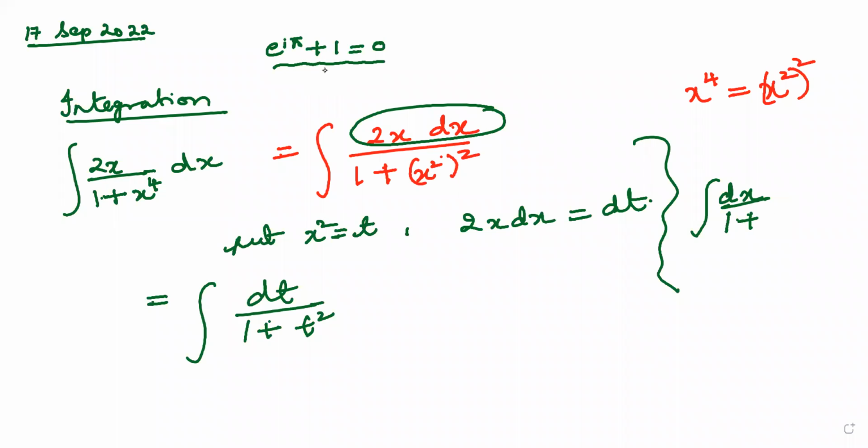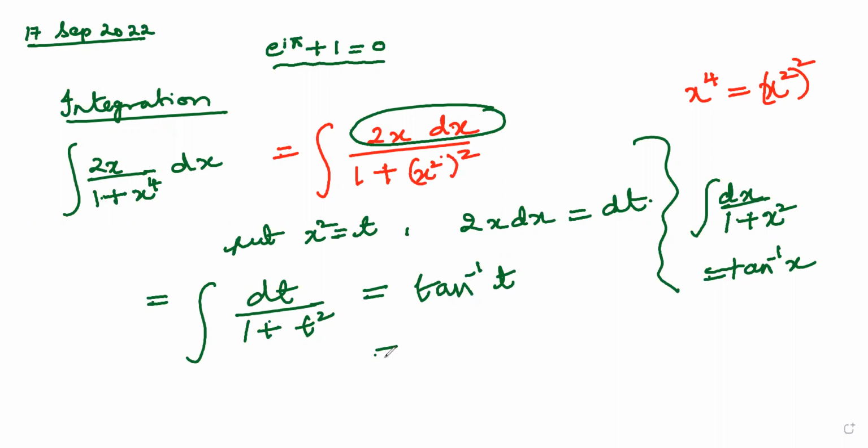So dt by 1 plus t square is tan inverse t.